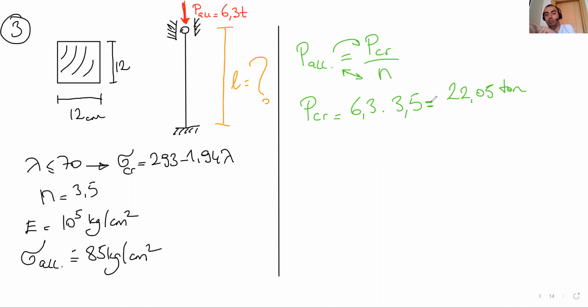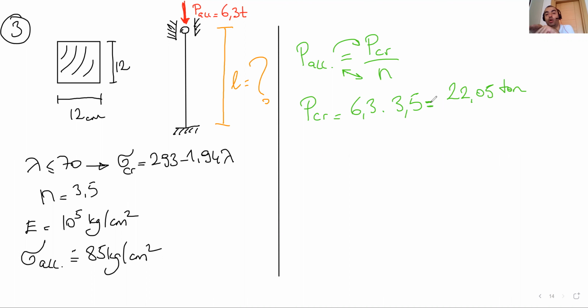We will select one of them, and after we get the solution, we will check lambda. If it's okay for that solution, yes, the solution is correct. If it is not, we have to follow the other solution.